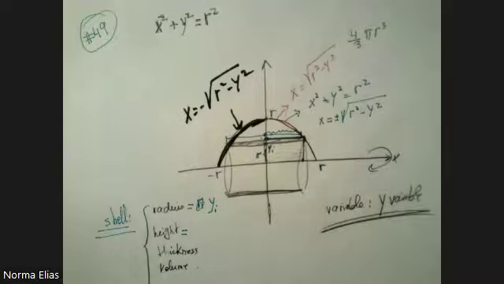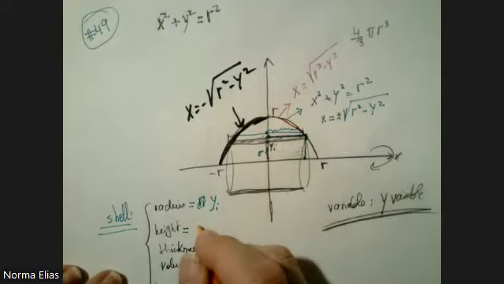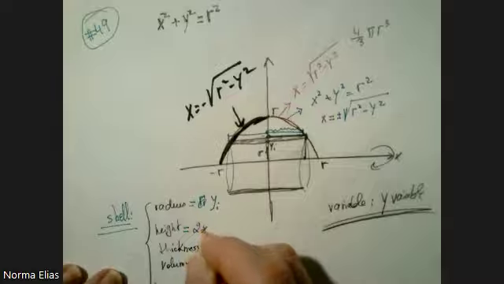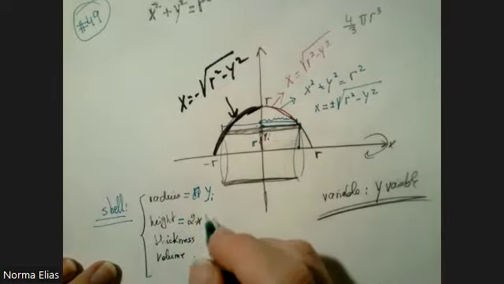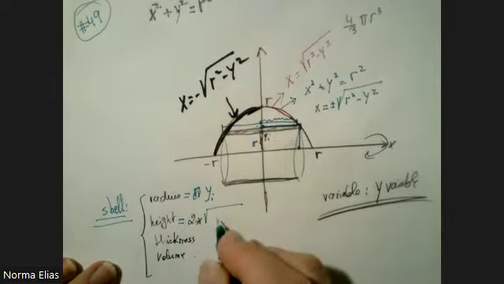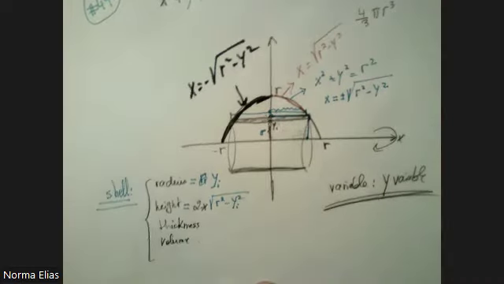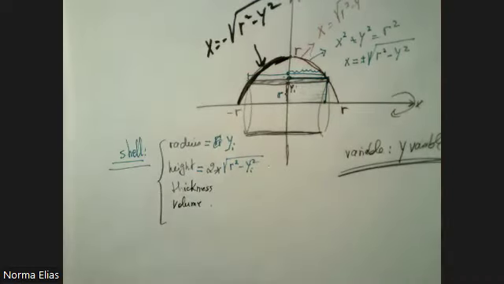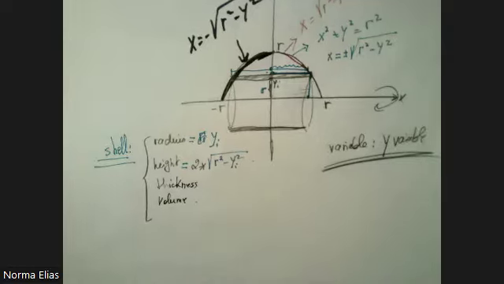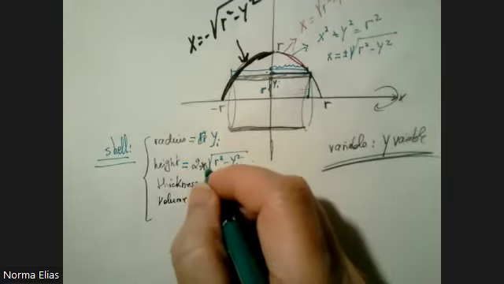But we're not going to give ourselves a headache. We'll say that the height is 2 times the positive one, 2 times the square root of r squared minus y squared. I'll stop a minute to see if you have any questions, because the rest is easy; it's just multiplying.